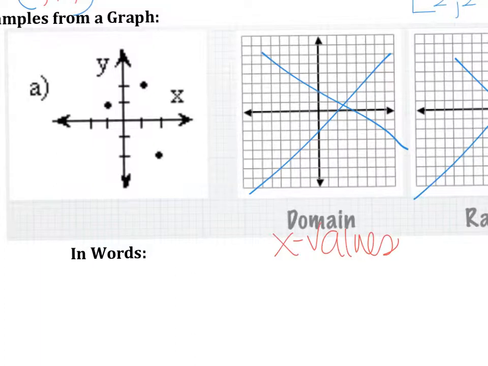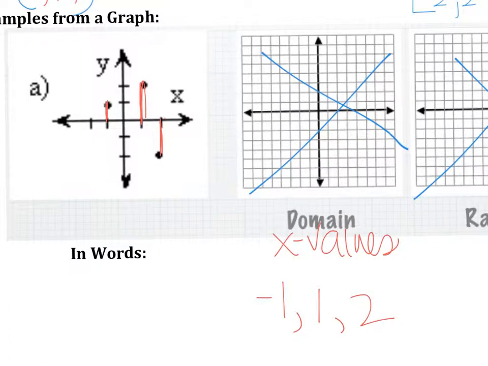As we go from left to right, our first x value is going to be a -1. We don't have anything until our next point, which the x value is a 1. And then we have a final point where the x value is a 2. So our domain for this graph is discrete. The points aren't connected. The x values are -1, 1, and 2.